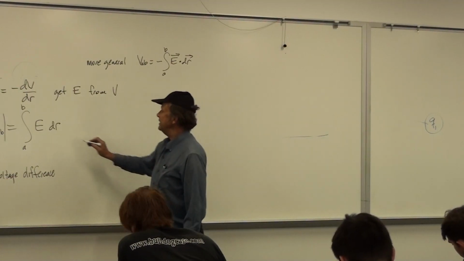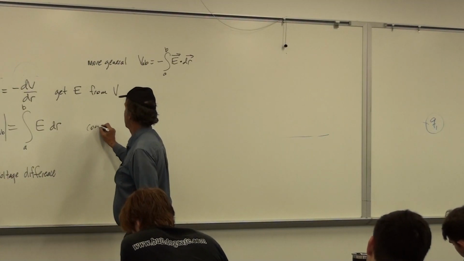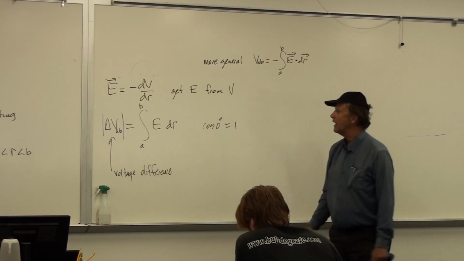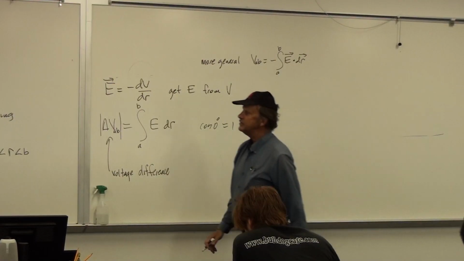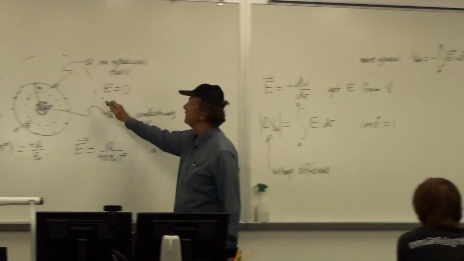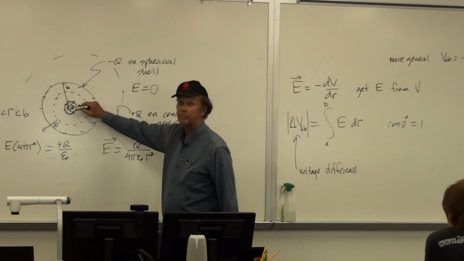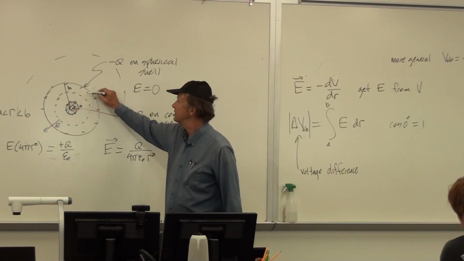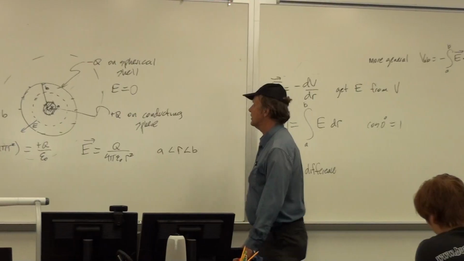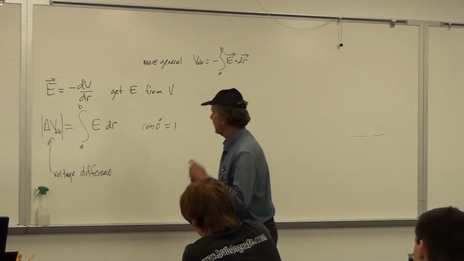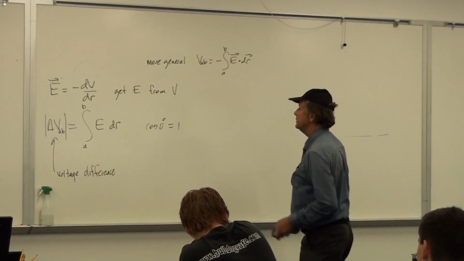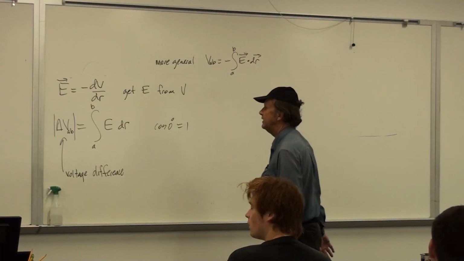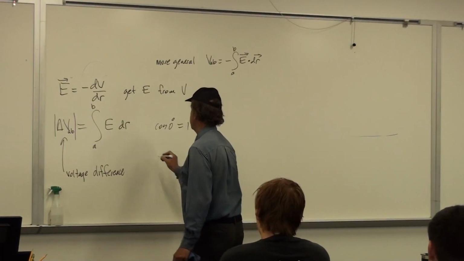But if E is in the same direction as r, then we can easily patch up the minus signs later, because I know if I go from negative to positive, it's going to be a positive change in voltage. If I go from positive to negative, it's going to be a negative change in voltage. And so what I'd like you to do then is to take what I have here and calculate VAB.